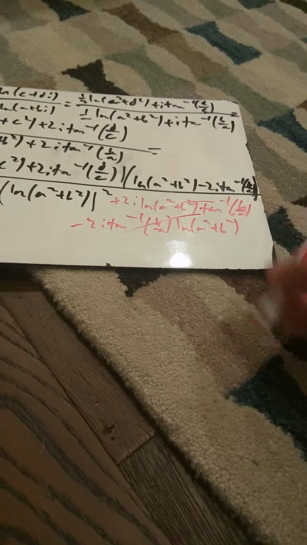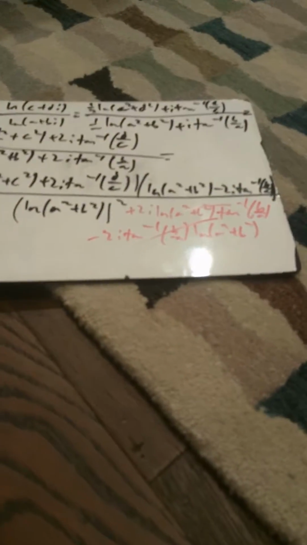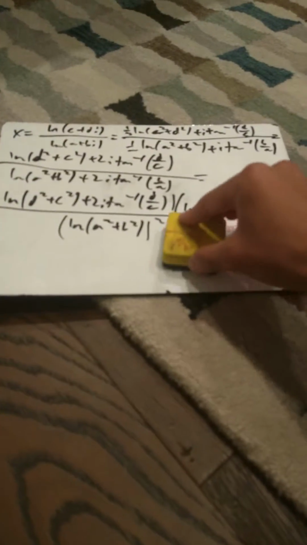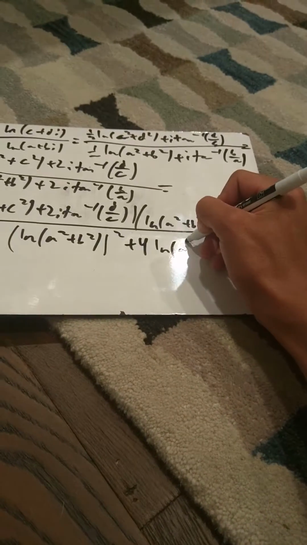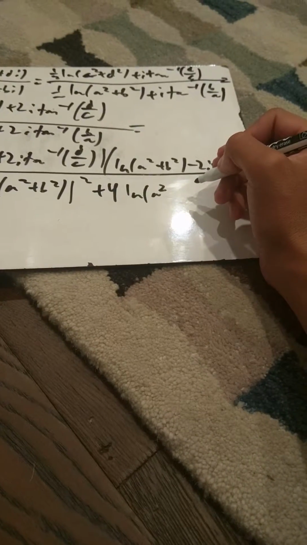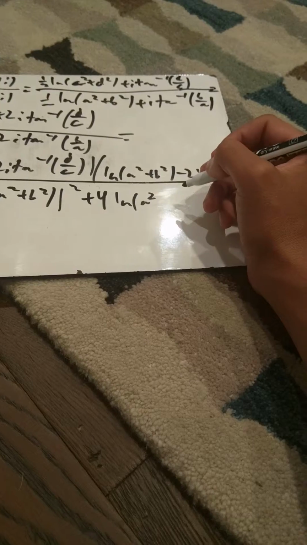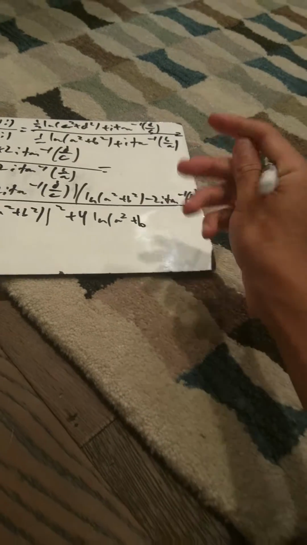So we get negative 4 times i squared, so plus 4. Here you go. Plus 4 ln of a squared plus b.